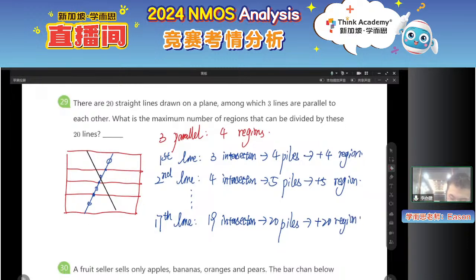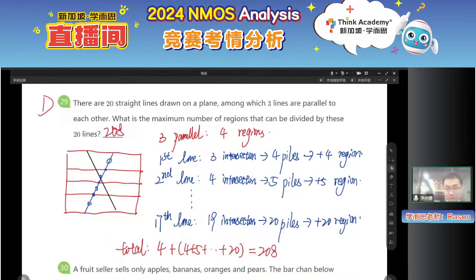Now the total number of regions is the original 4 plus 4, 5, and so on, all the regions increased by the upcoming lines. The sum of 1 to 20 is 210. So 210 minus 2 is 208. The answer is 208.